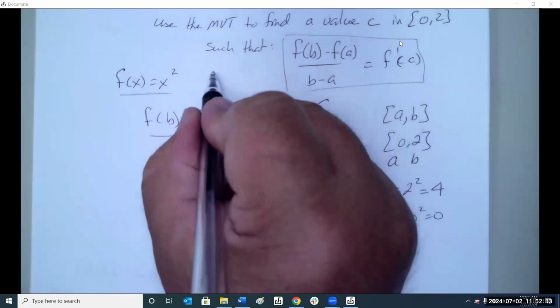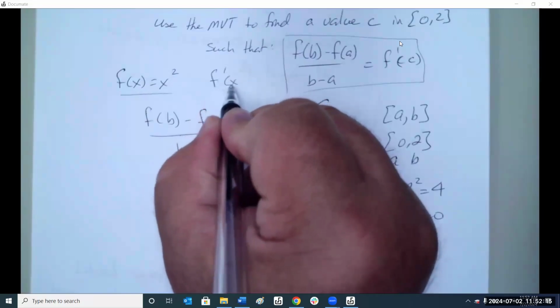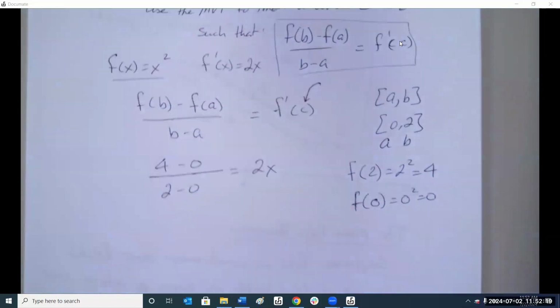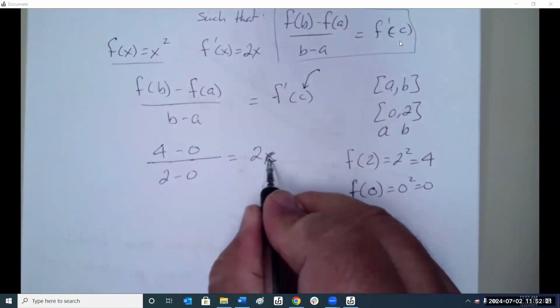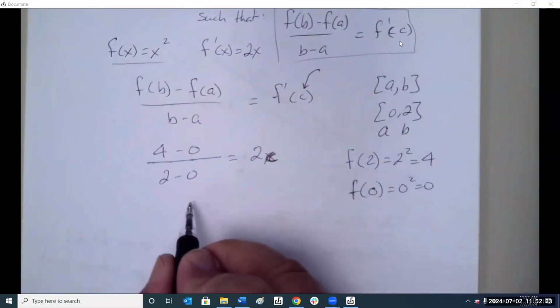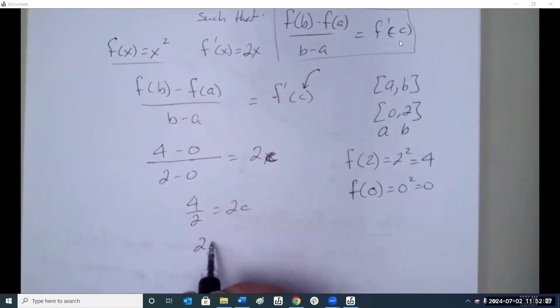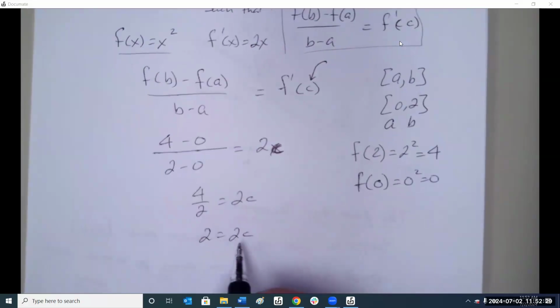The first derivative is 2x, actually 2c in this case. So we have 4 divided by 2 equals 2c. 2 equals 2c. C equals 1.